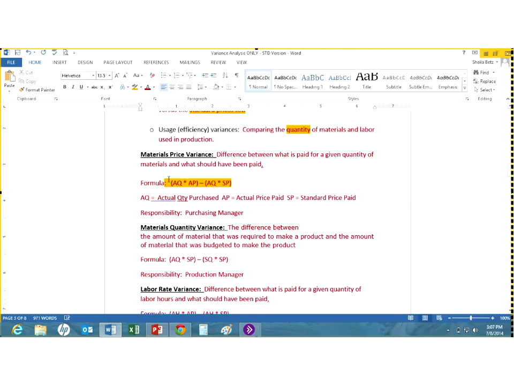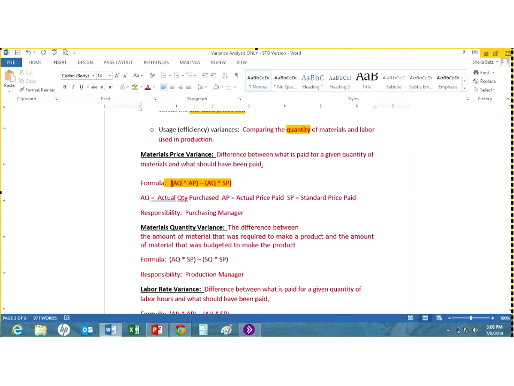The formula is the actual quantity that we purchased times the actual price that we paid, minus the actual quantity that we purchased times the standard price, the standard price being what we had expected to pay. There's another version of this formula, and I believe your textbook shows it. You're more than welcome to use either version.